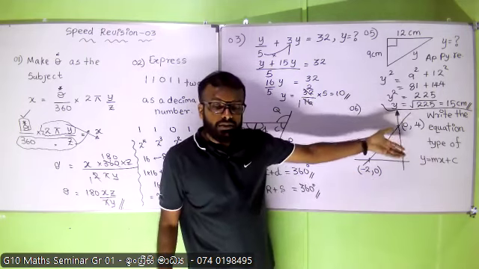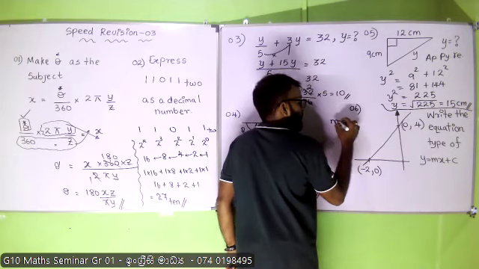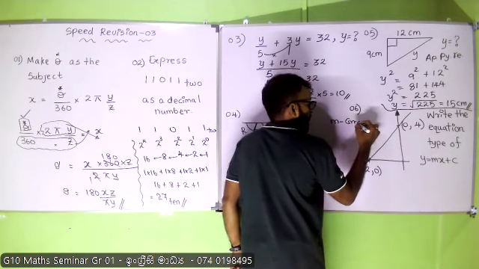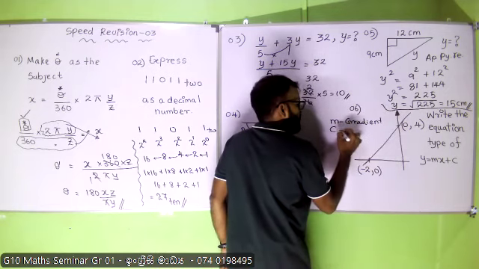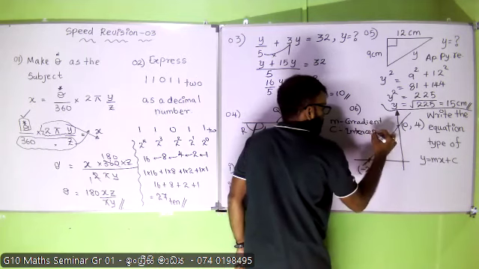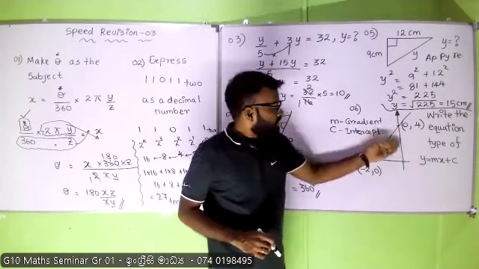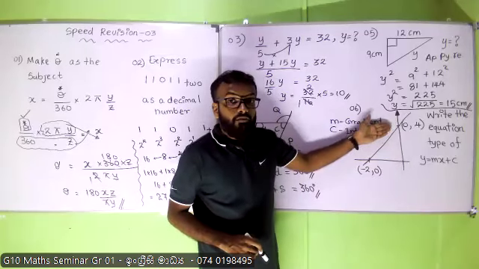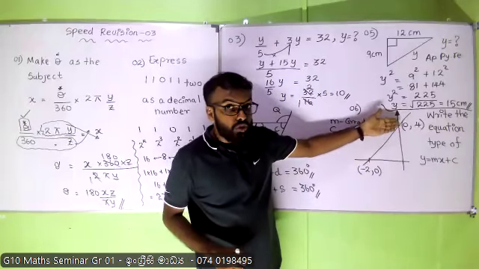So you know m is the gradient, right? m is called gradient. c is called intercept. Right? Intercept is where the graph crosses through the y-axis.